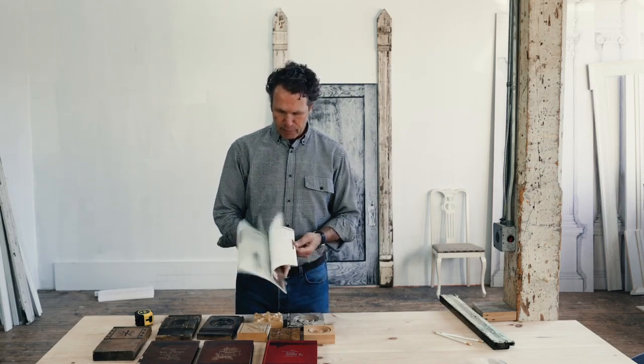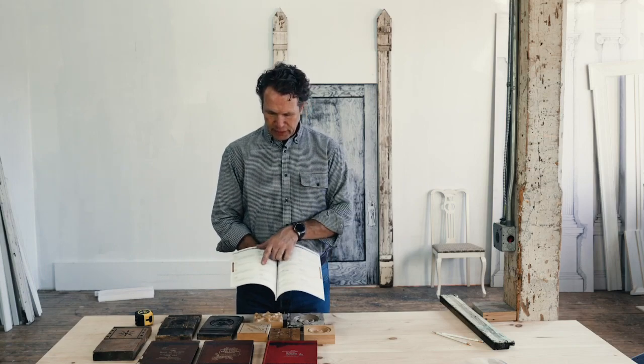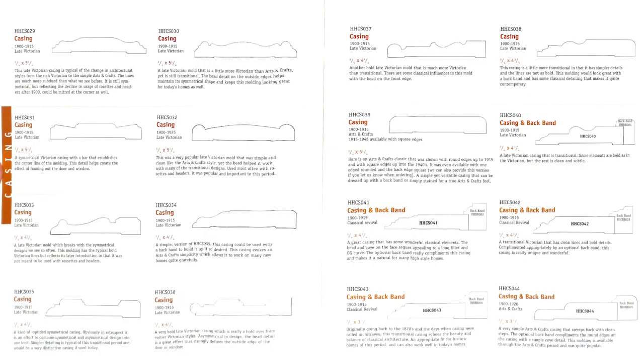And so what I did was I put together a molding catalog that basically chronicles and dates when moldings were available in the catalogs. It's a good thing because it'll describe the casing, say what period it is, describe what it looks like, and decide what kind of house it would have been in.